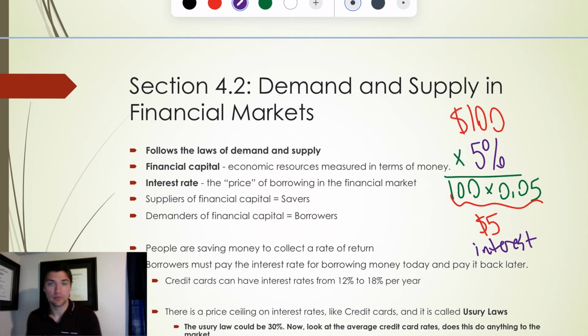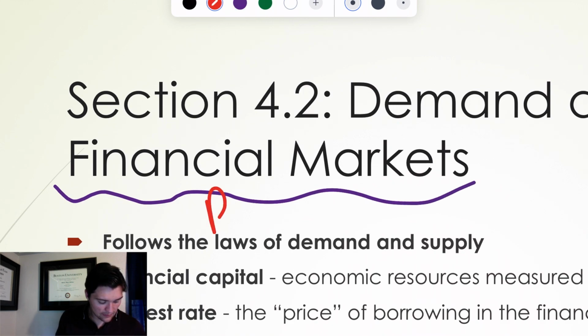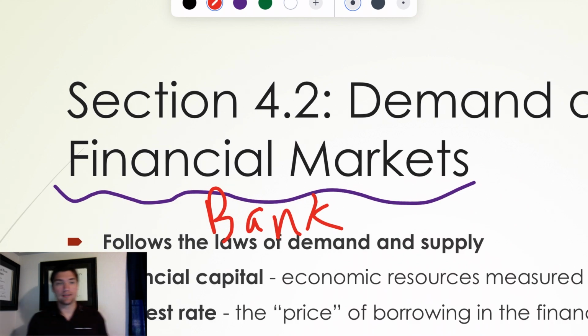Now, who is supplying the financial capital? Like, where are we getting this money from? And that is going to be from savers. So the way I like to think about financial markets, I like to think of this as the bank. Because where do I store my money? Not underneath my mattress.